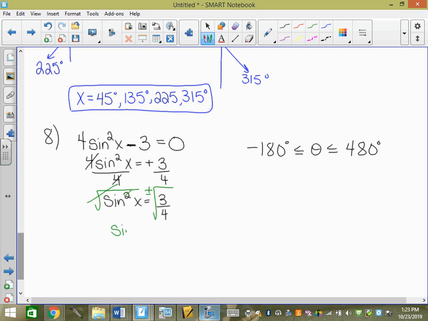So we get plus or minus root 3 over 2, because I can actually write this as root 3 over root 4, which is root 3 over 2, right?